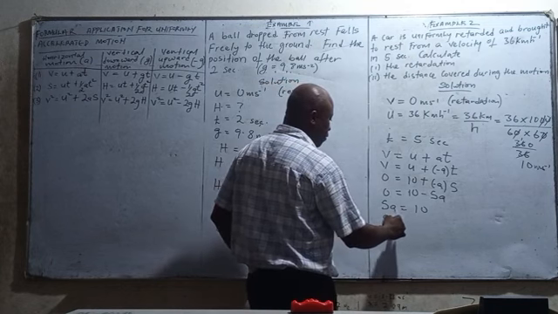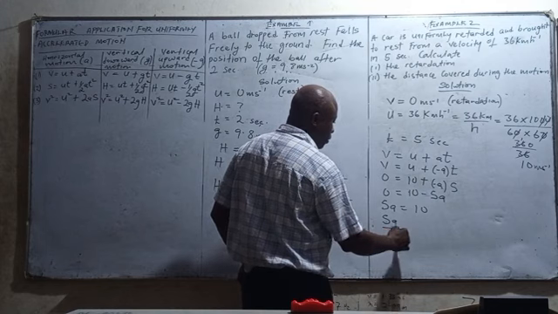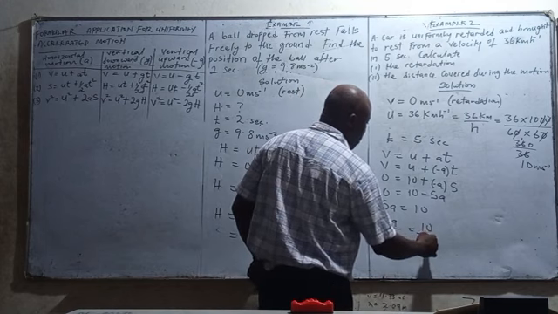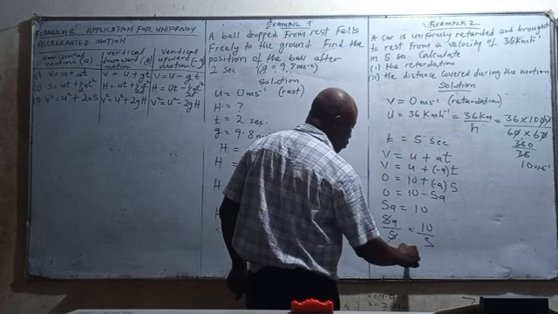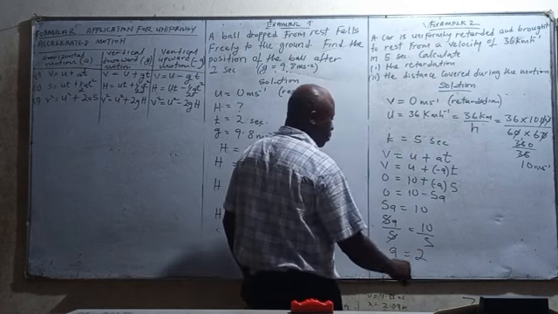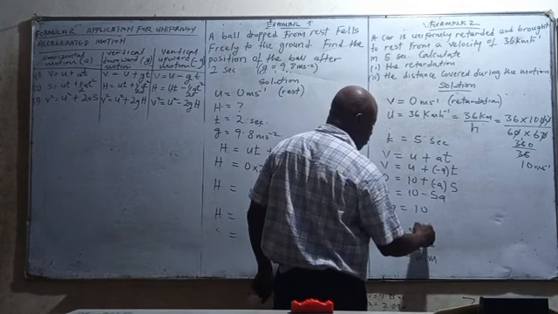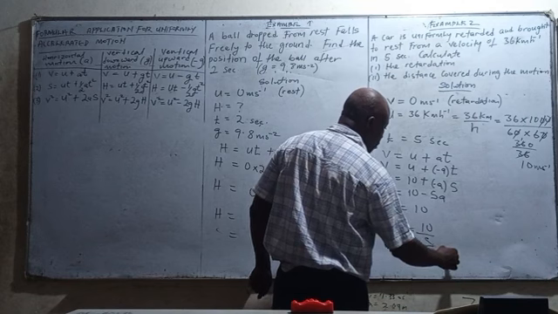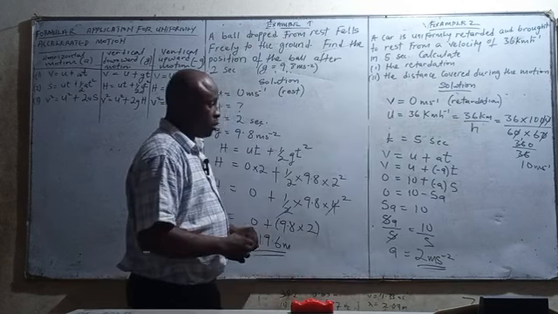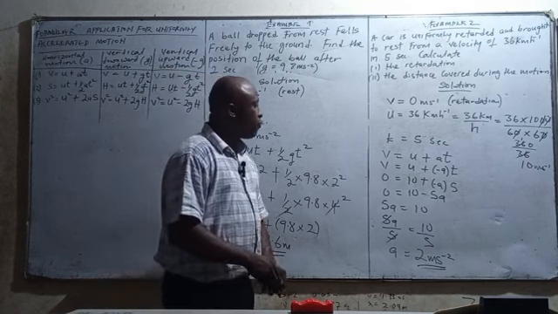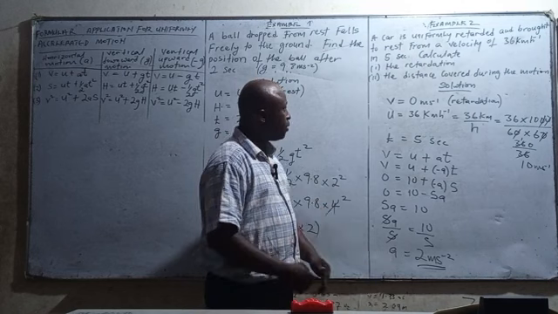We have 5a over 5 is equal to 10 over 5. So 5 will cancel 5, and a is equal to 2. 10 divided by 5 is 2 meter per second squared. So we have succeeded in solving for our acceleration.